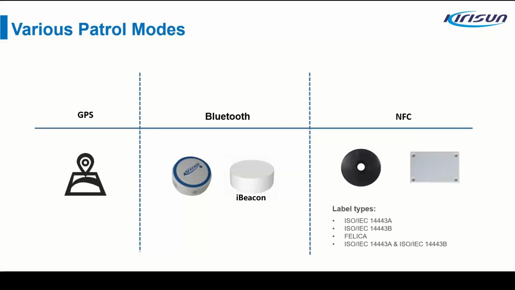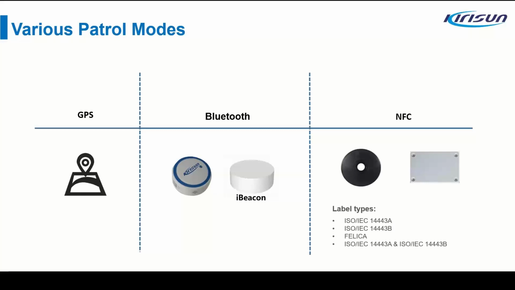Our platform supports various patrol modes. In the old version, it only supported the Kirisun Bluetooth beacon and NFC tags, but in the new version, the platform is adapted to new Bluetooth beacons and NFC tags based on the standard protocols listed on this page.